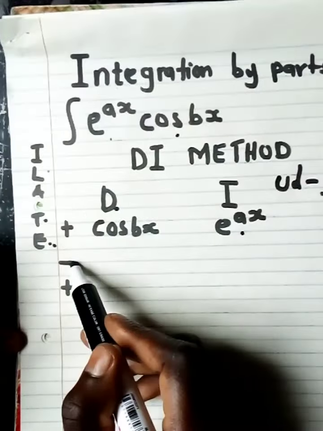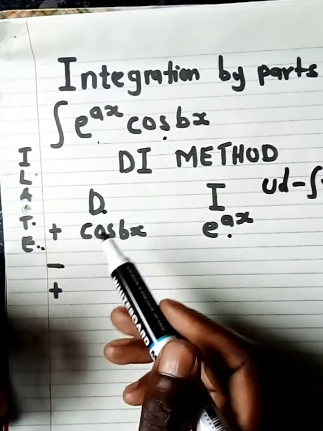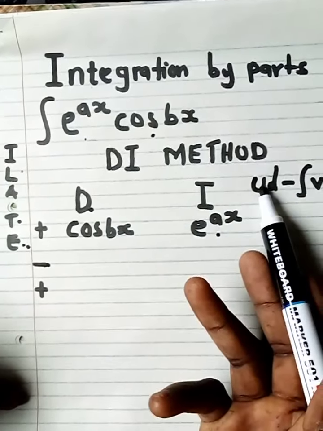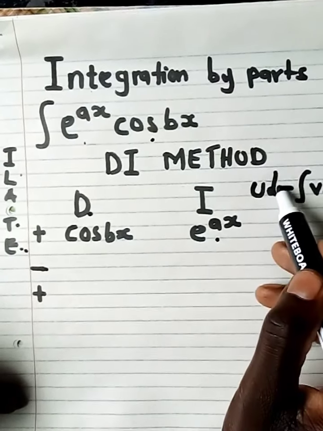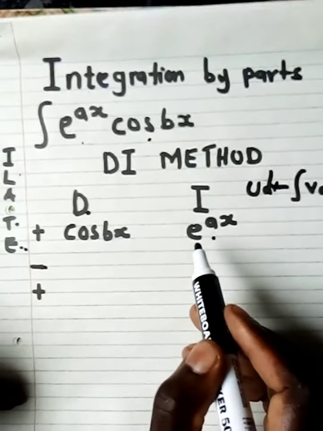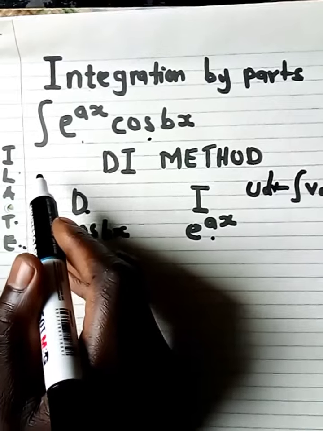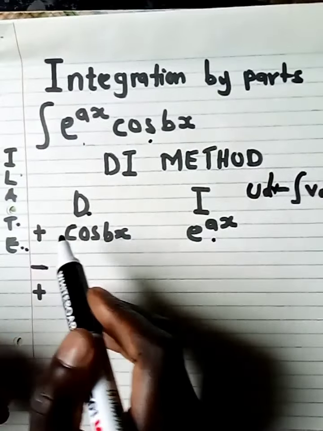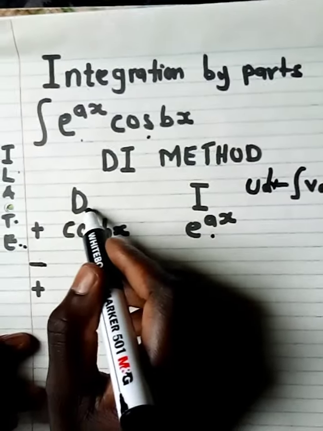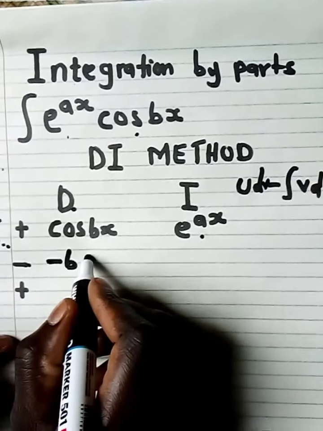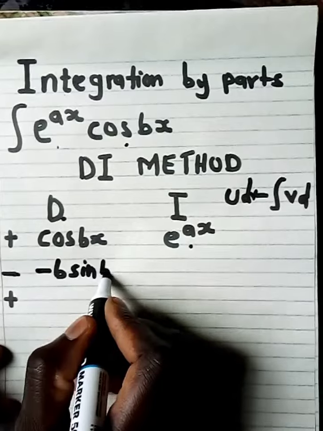So considering these signs, don't worry, this one is just an improvised formula. That is where you can see u dv minus v du. So this sign here is what we have. That is why we have plus, minus, plus. So if I differentiate cos bx, that means I'll be having negative b sine bx.